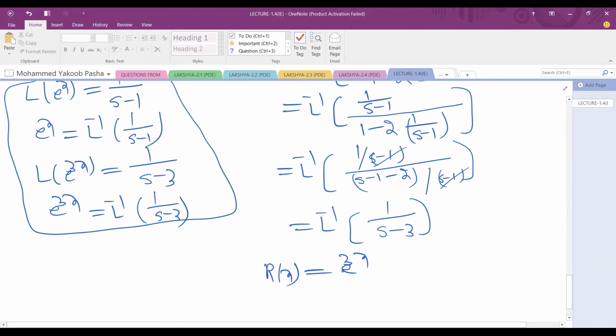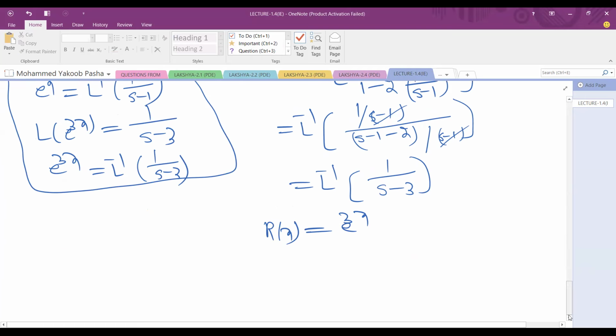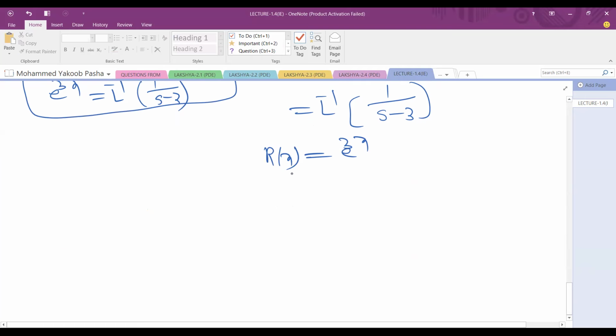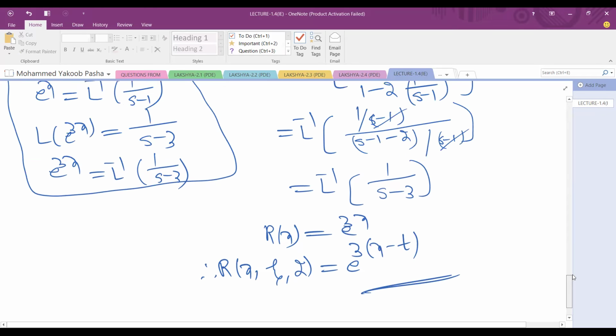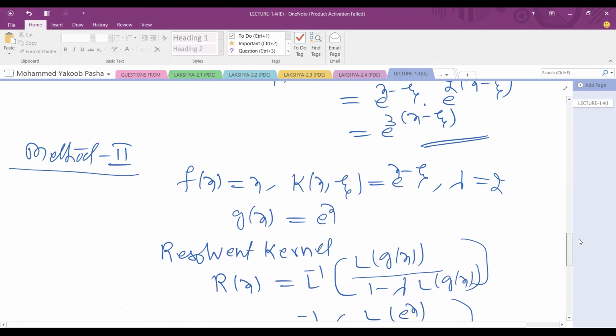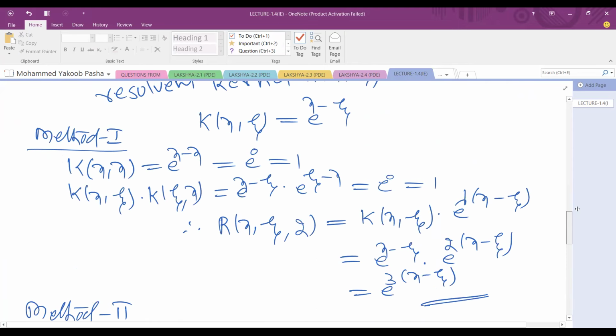And so we need the resolvent kernel in terms of x. Therefore, R of x comma t comma lambda is e to the power of 3 into (x minus t), replacing x with x minus t. This is the resolvent kernel. Sir, it takes time. Okay, but it is simple.